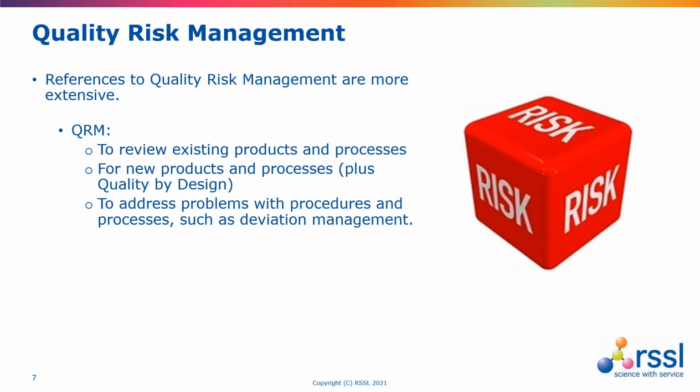So risk management and risk assessment feature considerably in the annex. And I mentioned earlier, these need to be proactive, and that the principle that quality should be designed from the outset as early as possible using the quality by design principles. And also the kind of expectation that the process of risk assessment is not simply confined to manufacturing.